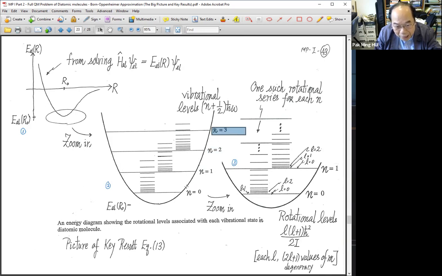These horizontal lines are giving the n plus half H bar omega. That is to say, this is half H bar omega above the minimum, okay? And this is 3/2. This is 5/2 H bar omega. This is 7/2 H bar omega. And there are many more up here. Okay, so now everybody follow?